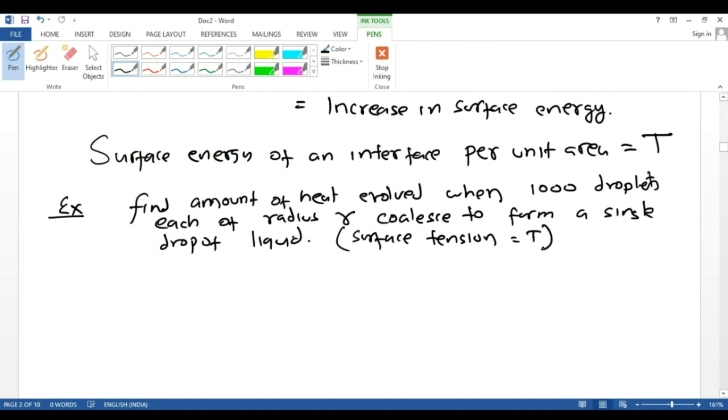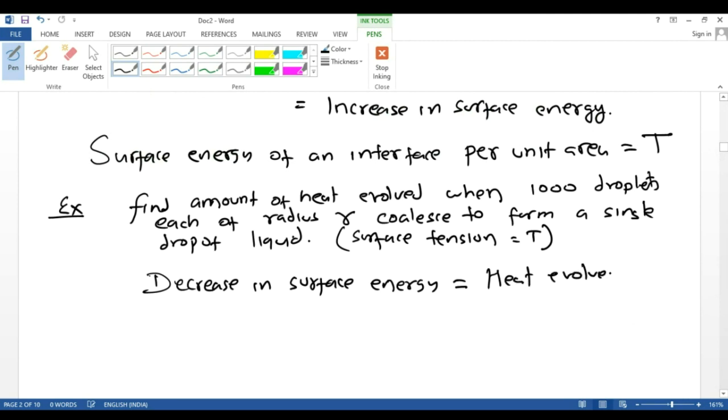So what we'll do here is we'll just look at the decrease in surface energy. The decrease in surface energy goes to heat evolved. Decrease in surface energy would be equal to the surface tension times the initial surface area minus the surface tension times the final surface area.